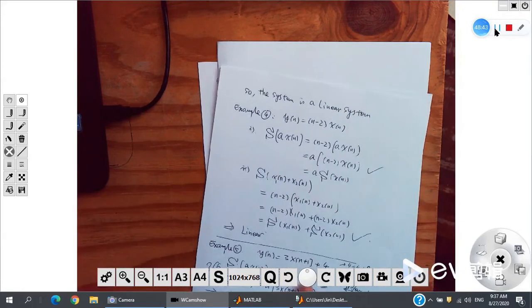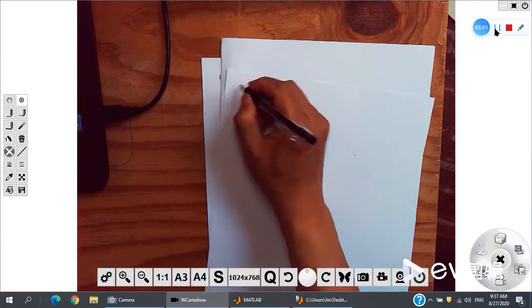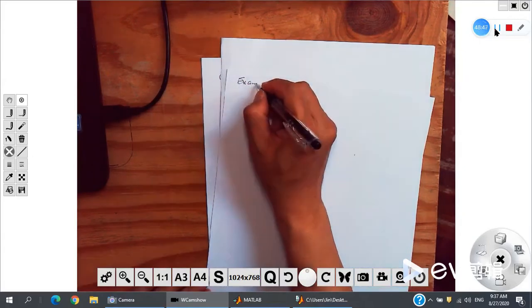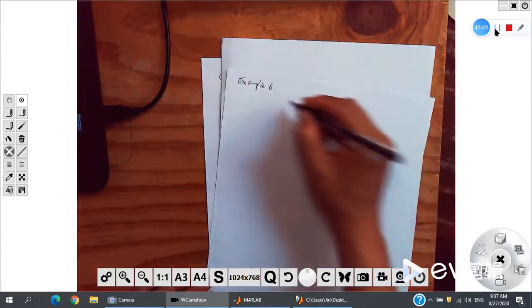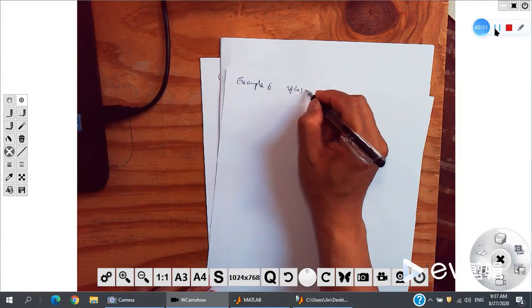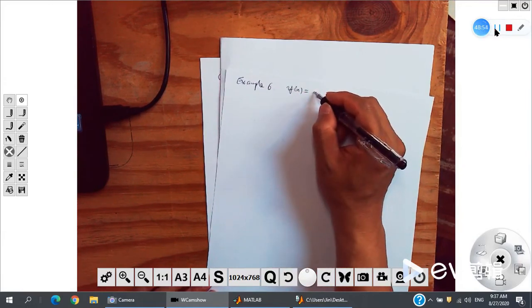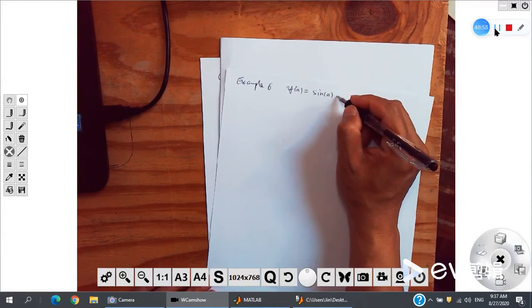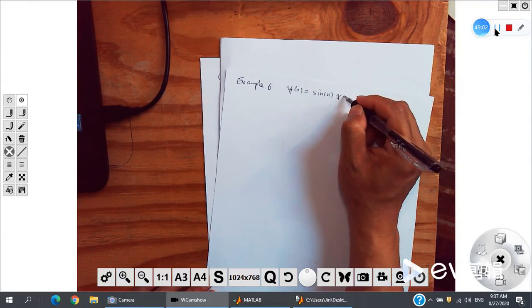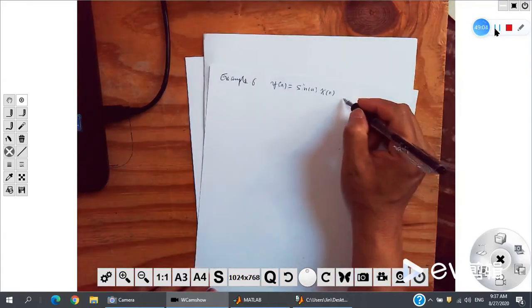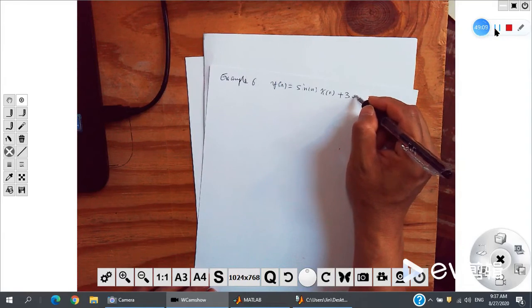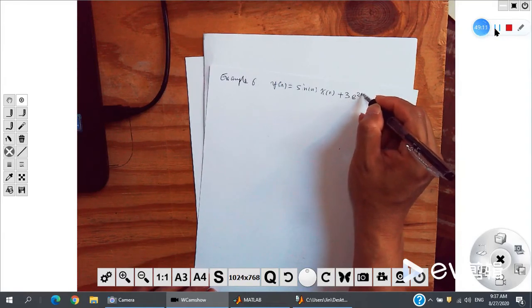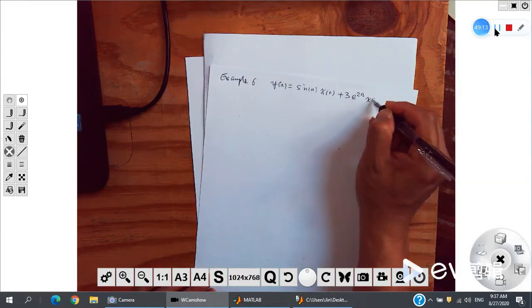Now example 6. y of n, which is sine of n times x of n plus 3 times e to the 2n and x of n minus 1.